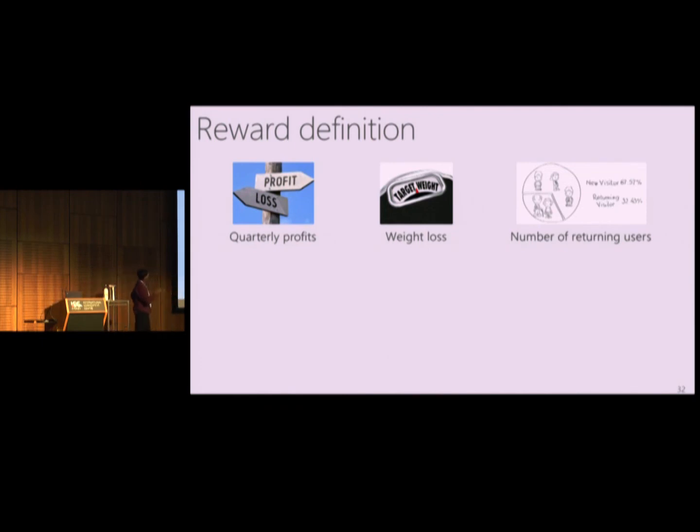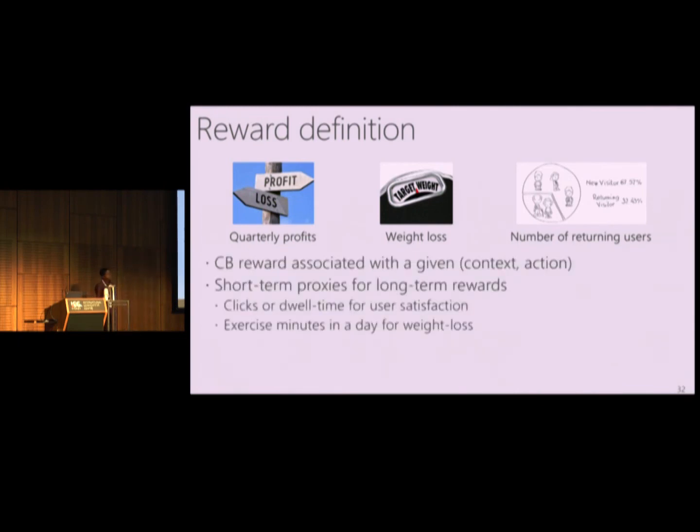And the difficulty with all of these metrics is that they severely break the contextual bandit assumption. In contextual bandits, we have a context, we take an action, we get to see a reward that's associated only with this particular context action pair. It does not get affected by what you did in the past, and it will not influence what happens in the future.